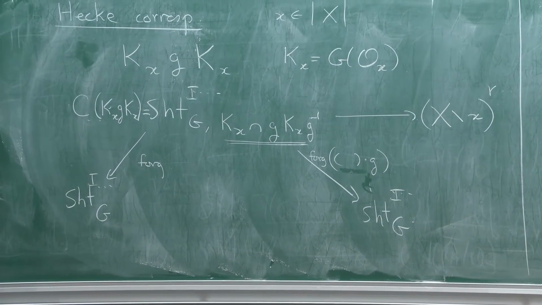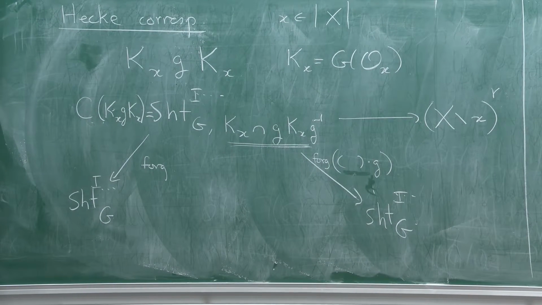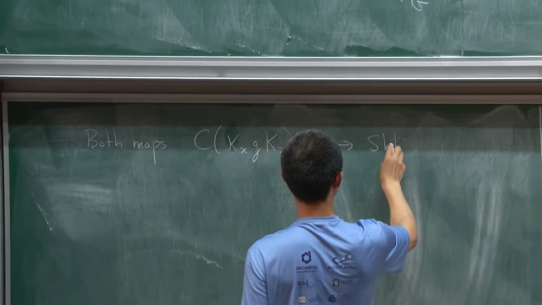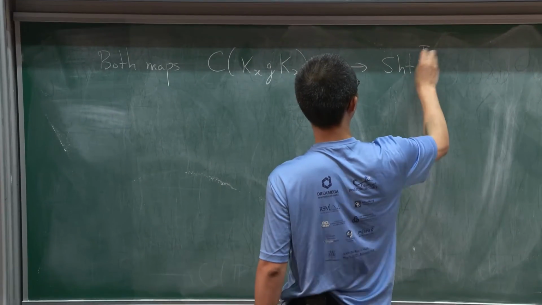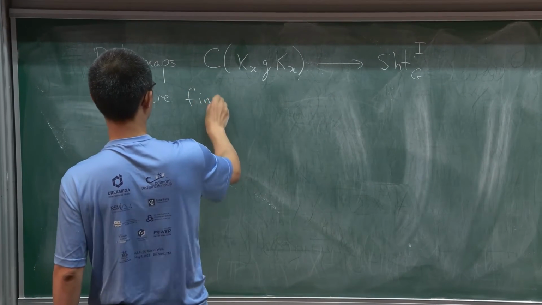So both maps to Shtuka are finite étale.